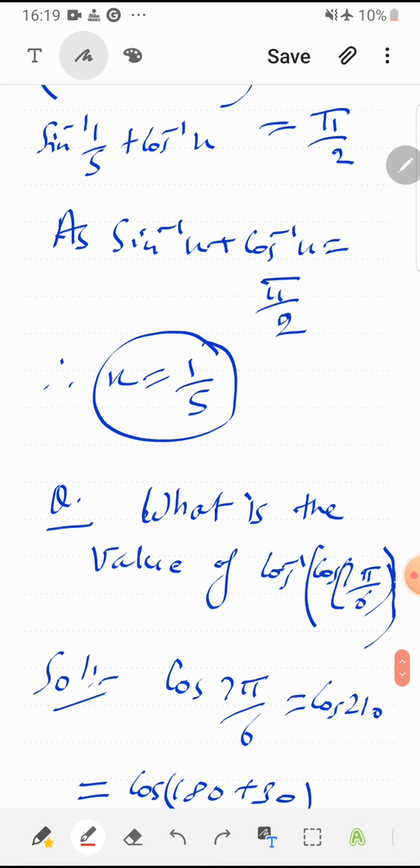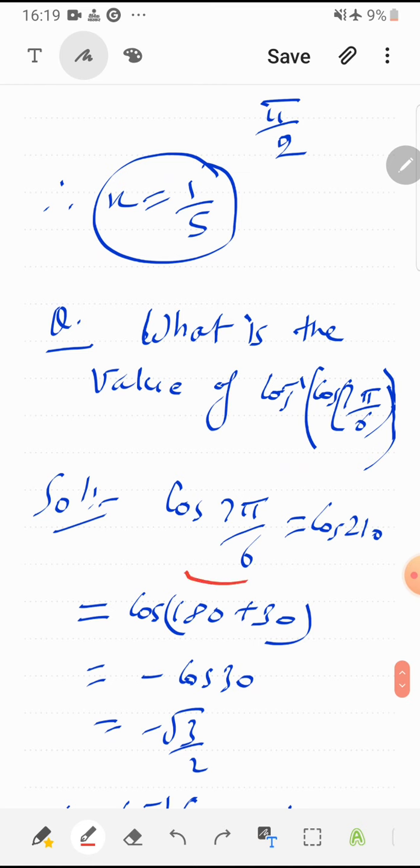Next is: what is the value of cos inverse of cos of 7 pi by 6? As we know, value means principal value by default, so we should not write this as 7 pi by 6. Rather we should bring this value into the principal value range of cos, which is 0 to pi. So I am simplifying cos 7 pi by 6, which is cos 210. In the third quadrant, it becomes minus cos 30, or minus root 3 by 2.